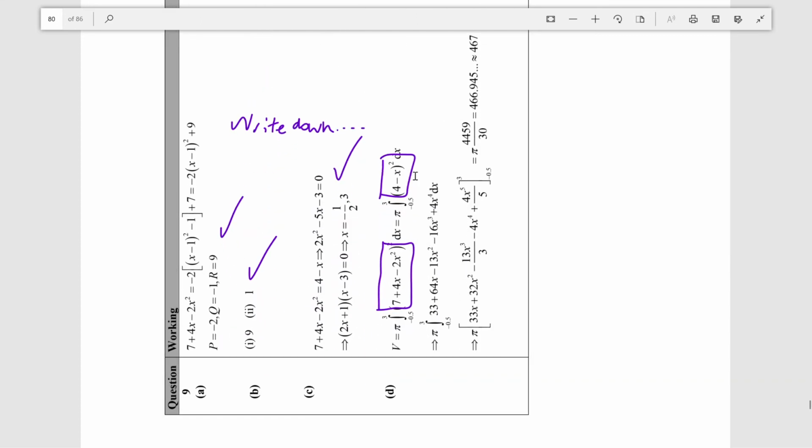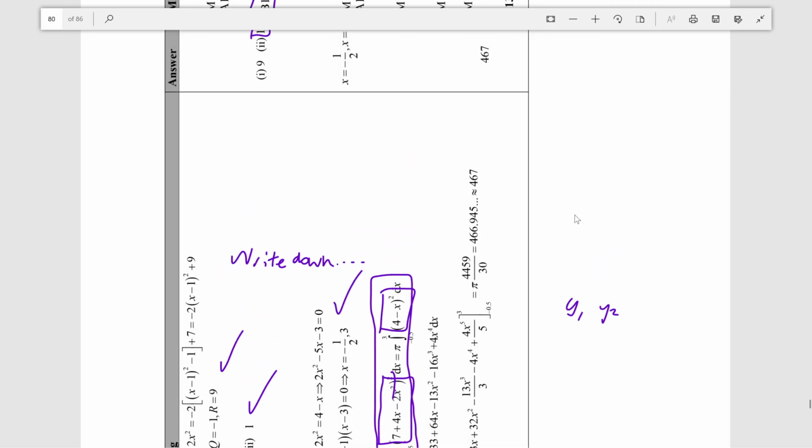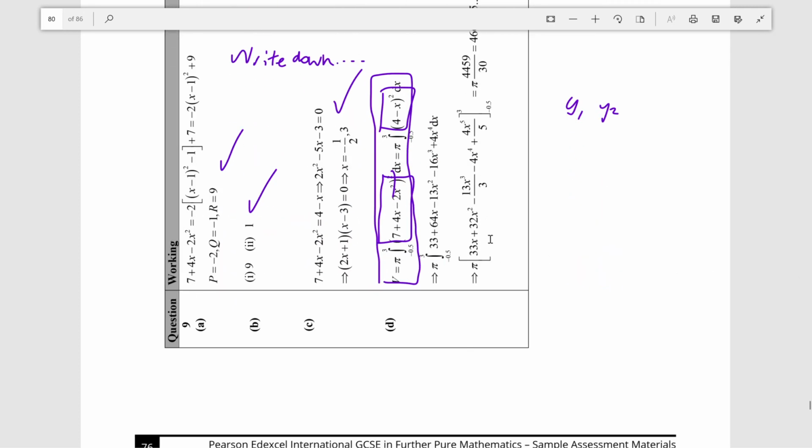And in an exam, make sure you're writing out this entire form. Make sure it's clear what this is. And if you want to use y1 and y2, or you might not even have to use it at all, but just make sure you're clear to the examiner about what y1 and y2 are when you're doing it in the exam. I just did it here for demonstration purposes to show the principle of how you would find the volume of rotation.